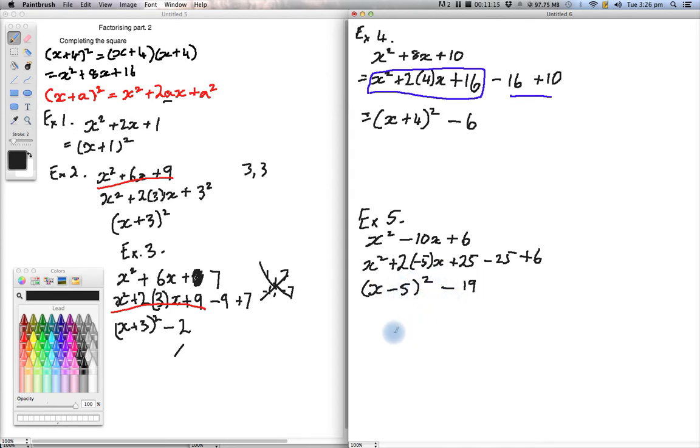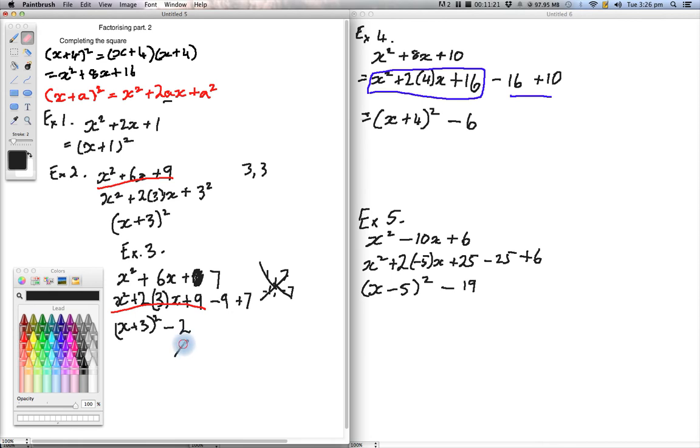Cool, there we go. So there are a couple of examples for you. Now, we can actually factorize even further. So you remember our difference of perfect squares formula that we've remembered from last time, x squared minus a squared is x minus a, x plus a.